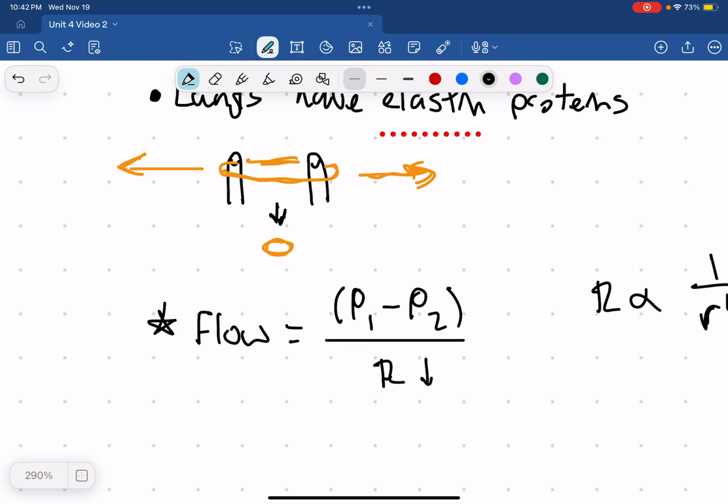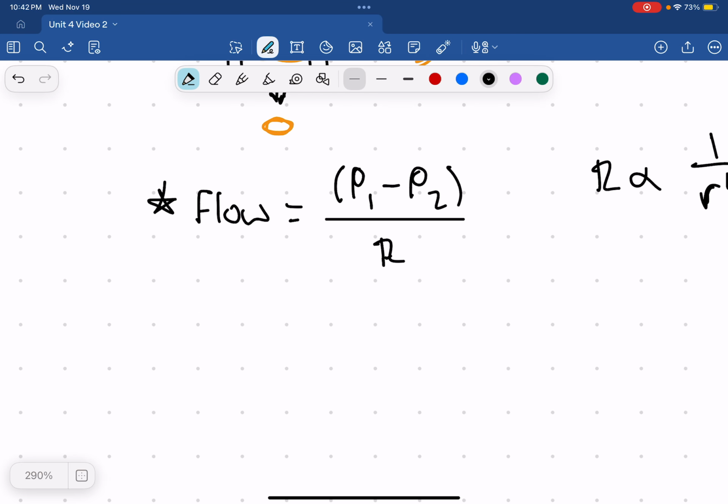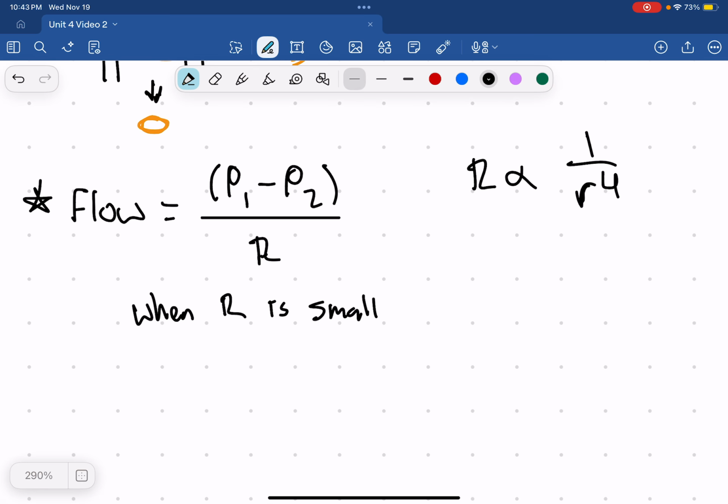So when R is really small, air goes out of the lungs.